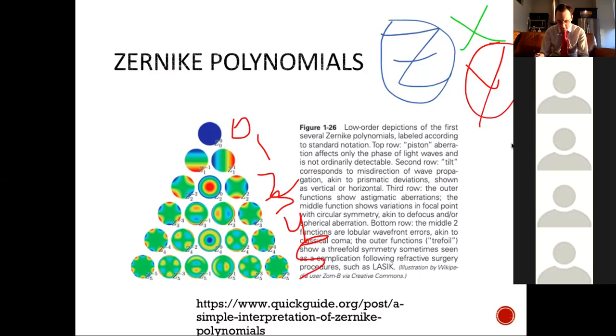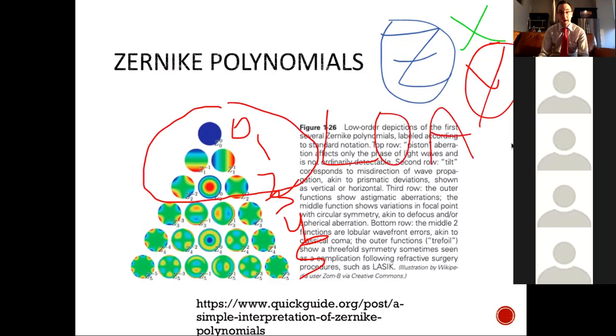Another comment to make would be that orders 0 to 2 are lower order aberrations, right? In contrast, once we reach orders 3 and above, these are known as higher order aberrations.